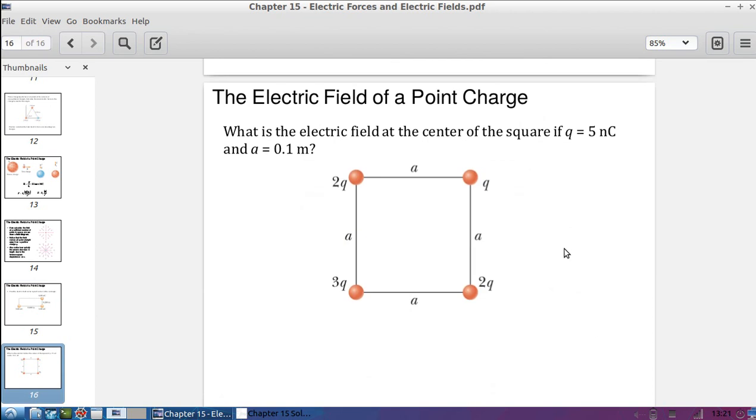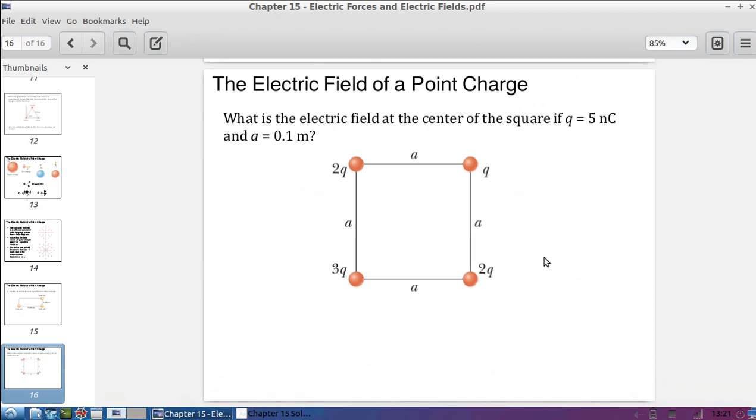Obviously, the WebAssign problems are good examples. Some of them can be a bit more challenging. They might take a little more time to think. Plus, they don't use very nice numbers, which can be annoying. But always practice good problem-solving skills: get an expression for what you're looking for first before you start plugging numbers in. I know we like to plug numbers in because it's stuff we know, it's stuff that the problem gives us, and it kind of makes us feel better as we're solving the problem.